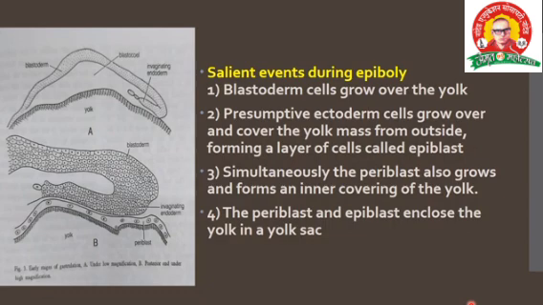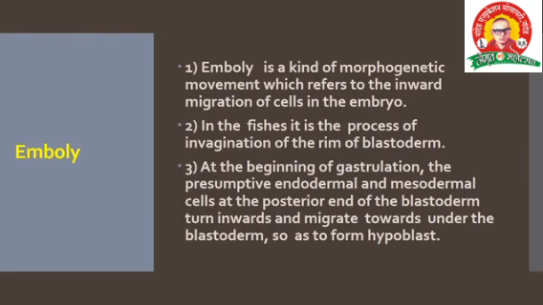Simultaneously the periblast also grows and forms an inner covering of the yolk. The periblast and epiblast enclose the yolk in a yolk sac.